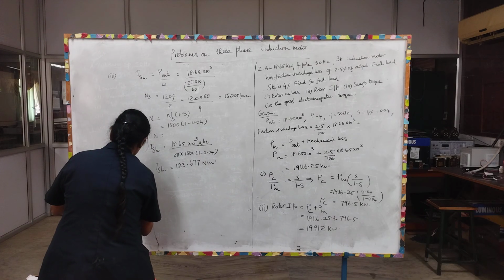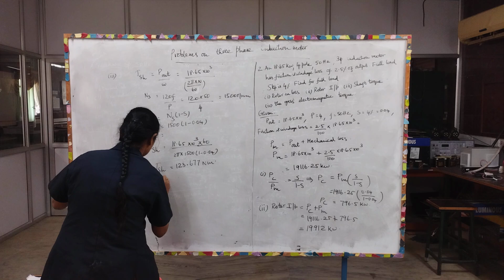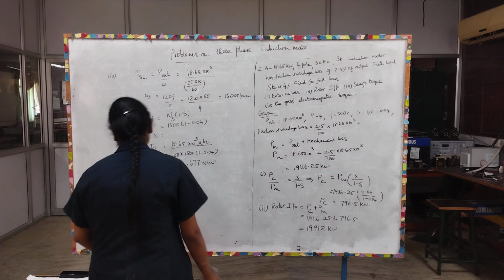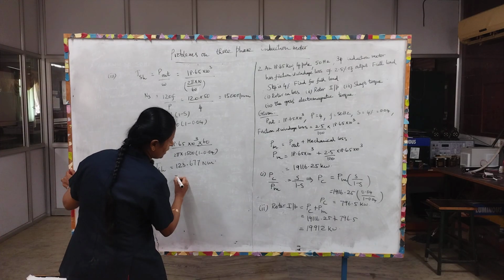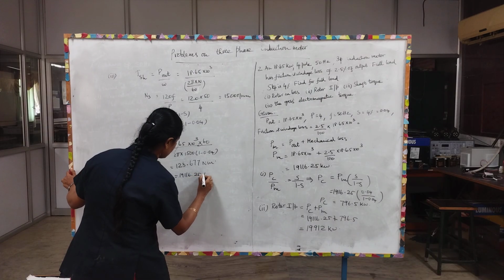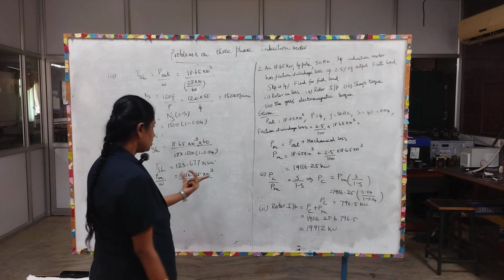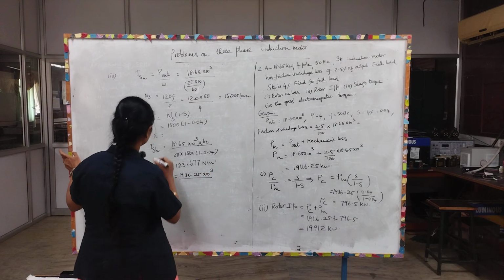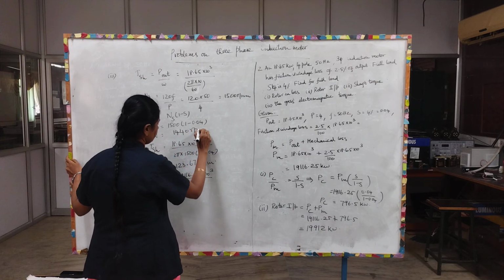So the fourth division is gross electromagnetic torque, which is nothing but Pm by omega. So Pm we have already found out, it is 19116.25 into 10 power 3 divided by omega. So omega is nothing but 2 pi n by 60. So here n you will be getting as 1440 rpm.